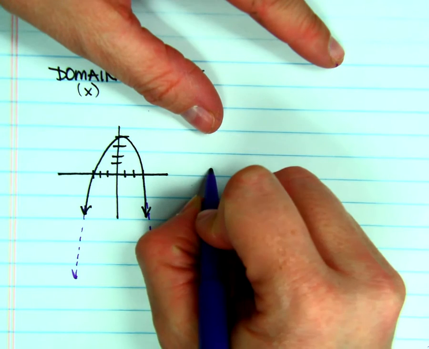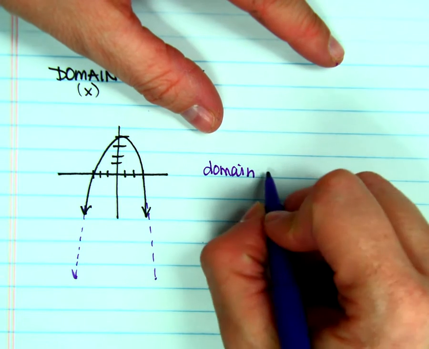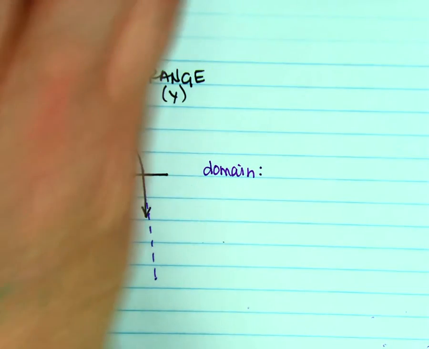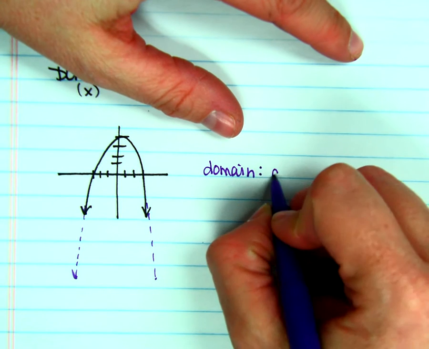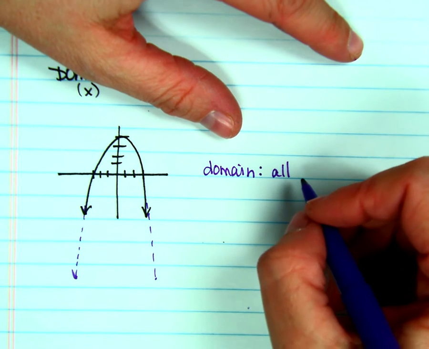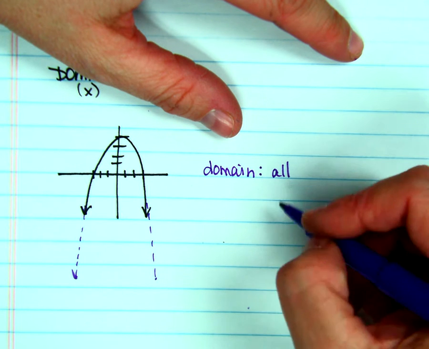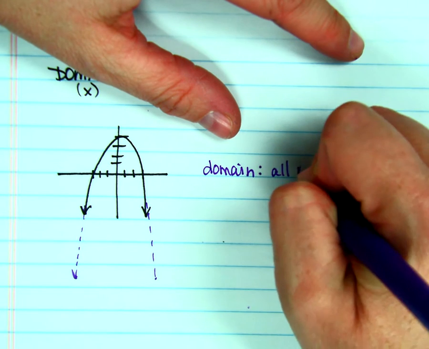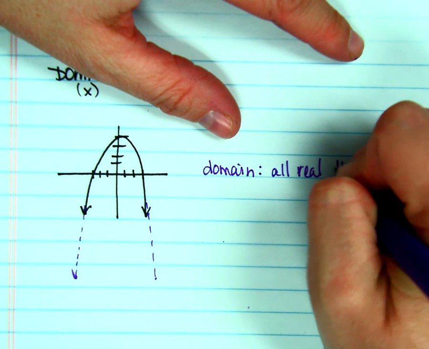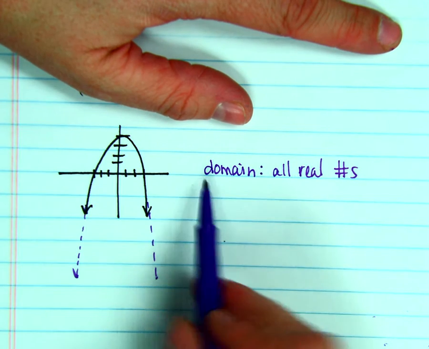So our domain in this case would be all real numbers, because it keeps getting wider in here, so it's going to use all of these numbers here.